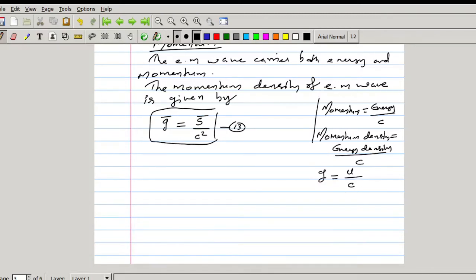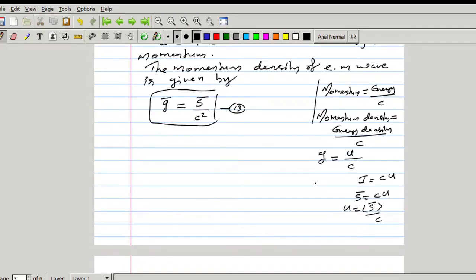Now intensity I equals C U. Intensity is the same as the Poynting vector S. So S is equal to C U, or U equals S by C. So the expectation of U is the expectation of S by C. This is the magnitude of G, so the expectation of G equals the expectation of U by C, which is the expectation of S by C square.